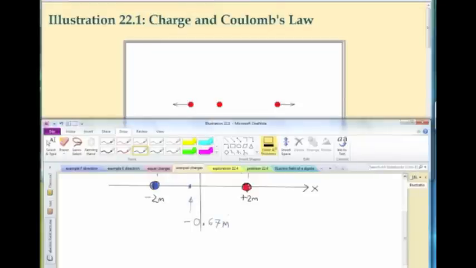I didn't tell you that the right particle is located at 2 and the left particle is located at minus 2. All right? So I found that this is the point where the force is 0 on that third particle. This is F equals 0. So what does that tell me about the charges?